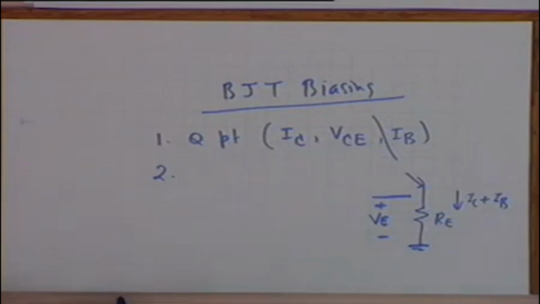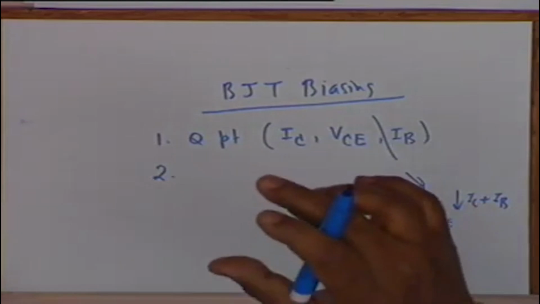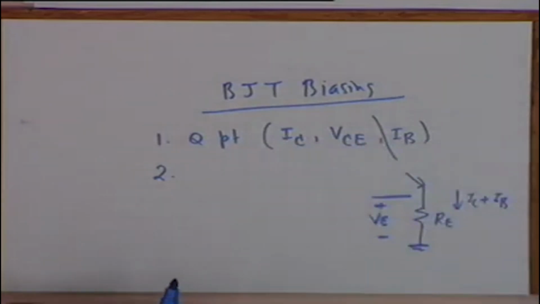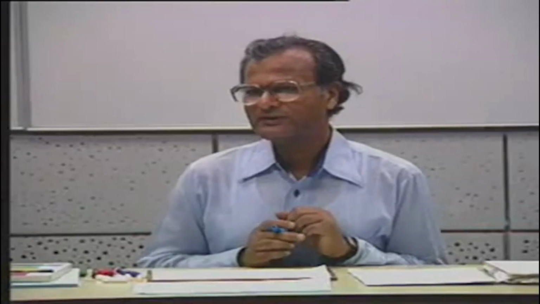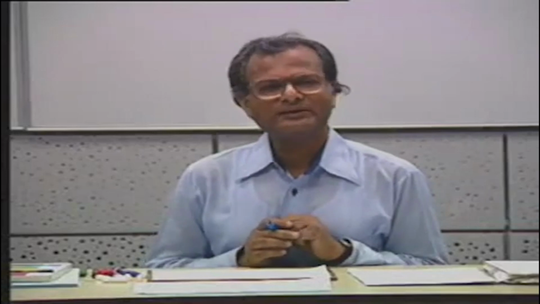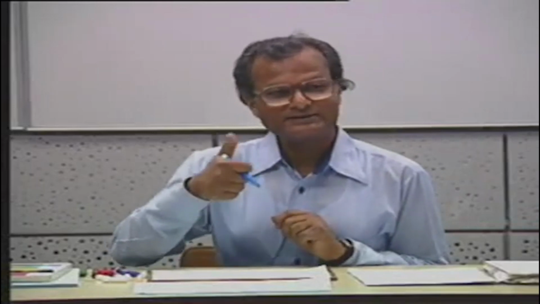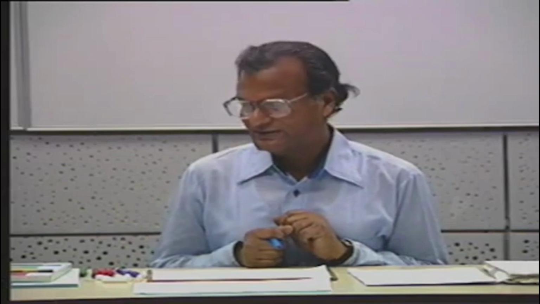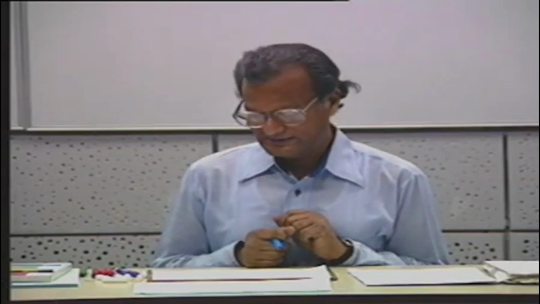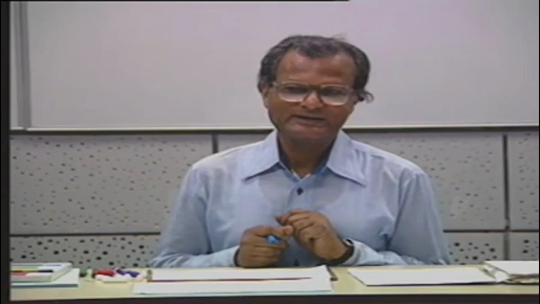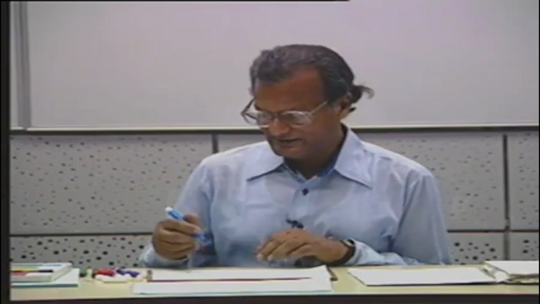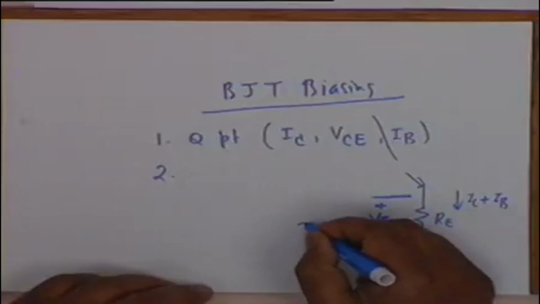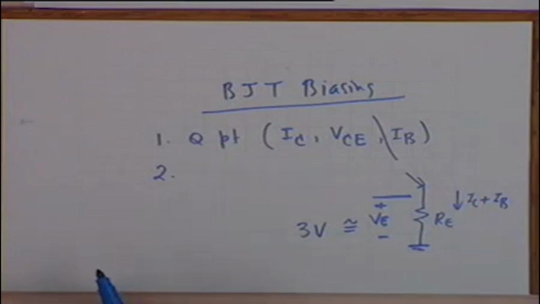Then obviously Re cannot drop 12 volts, because there would be a VCE, there will be a drop in RC, and you don't want this drop to be large because you want a large swing in the output voltage. Typically this is chosen about 20 to 25%, rule of thumb again, there is nothing sacred about it. Textbooks or manufacturers specify arbitrarily choosing VE equal to 3 volt.